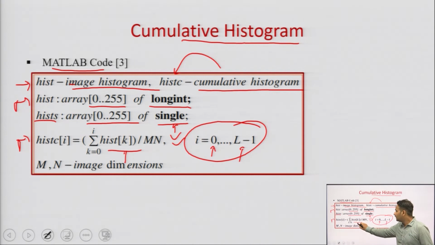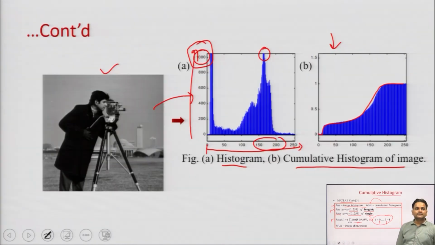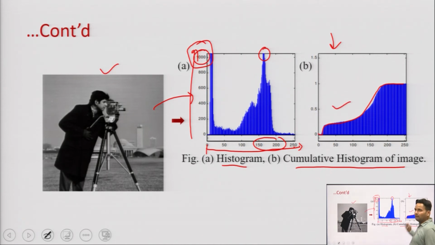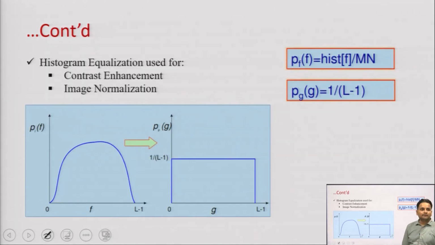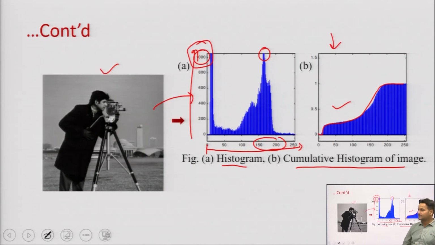You are summing up and dividing by m into n, so you are actually taking the average of this. That is why it is distributed in this manner. That is the diagram of the cumulative histogram, and after the cumulative histogram your image gets enhanced in this particular manner.